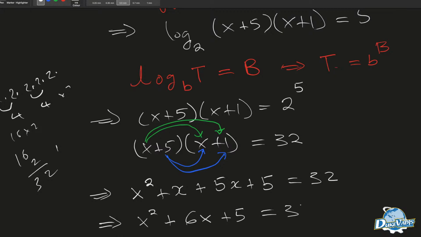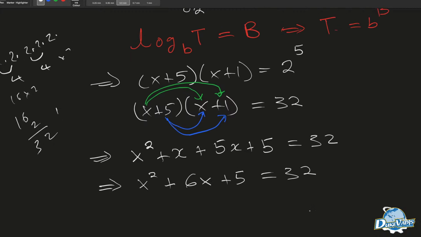Friends, it's becoming easier. So we have x squared plus 6x plus 5. So when we bring our equation together, we are going to get plus 5 minus 32 is equal to 0.